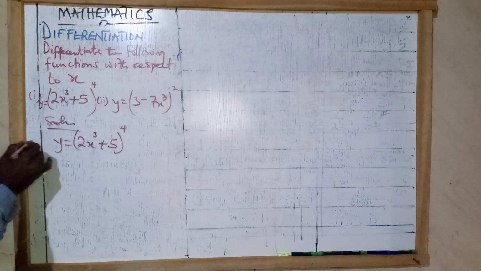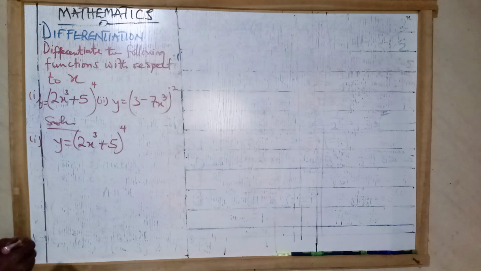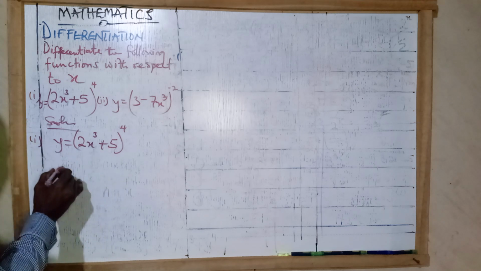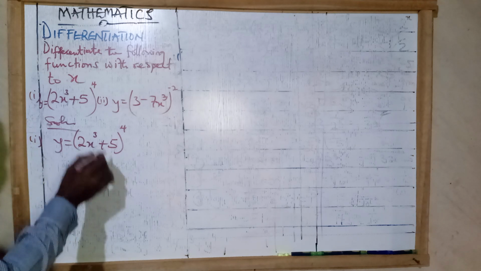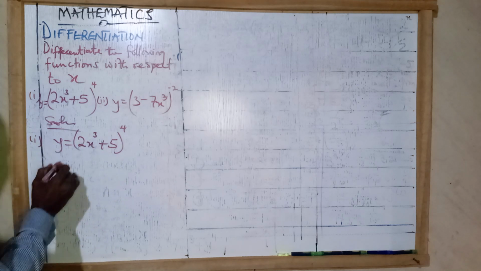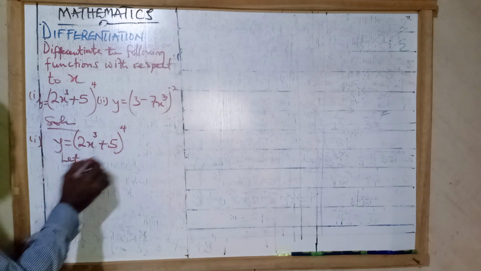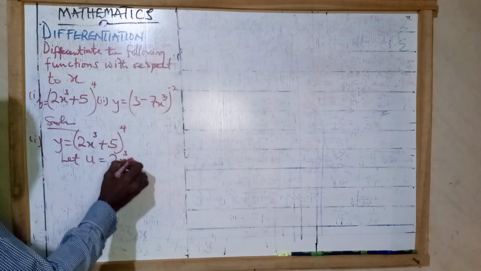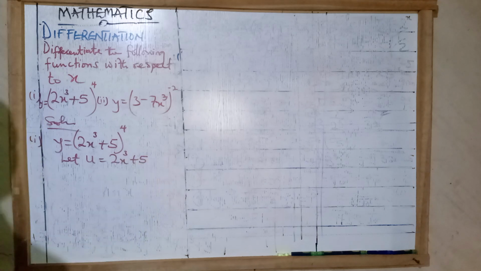Now what we have in the bracket here, we have to represent it by a variable. Let's assume u equals 2x^3 + 5.